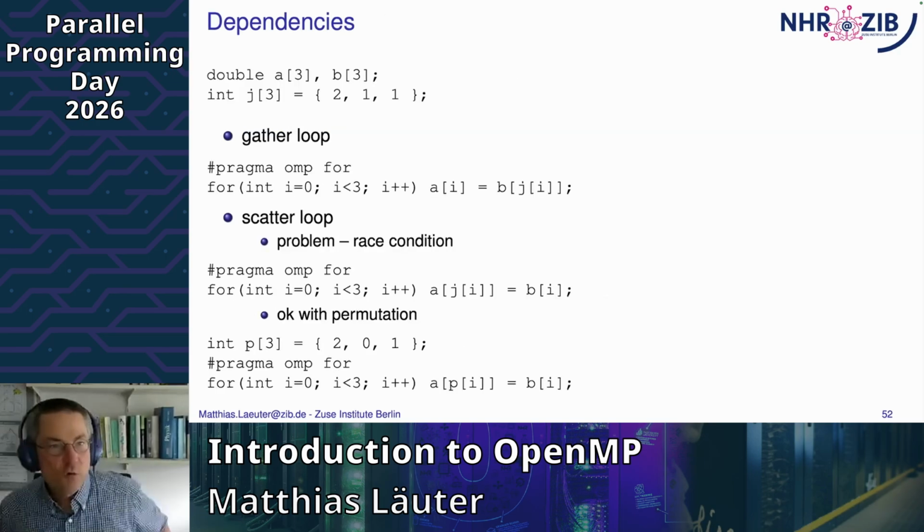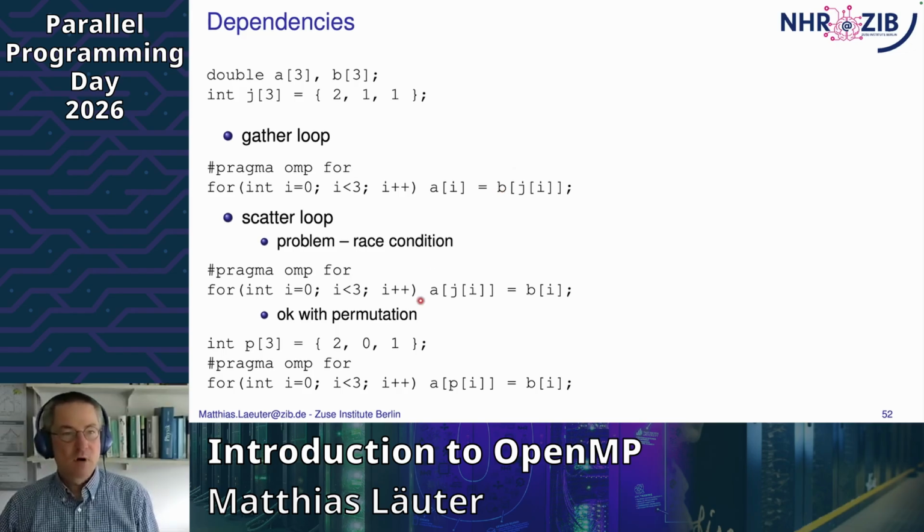What can go wrong? Things can go wrong in for loops. Something like I have here defined a reordering index j, and I use the reordering j to reorder the indices for the vector b. This is no problem because you access b of 1 two times, but it's only a read action.